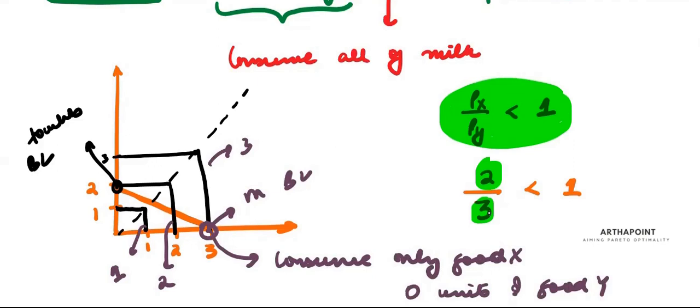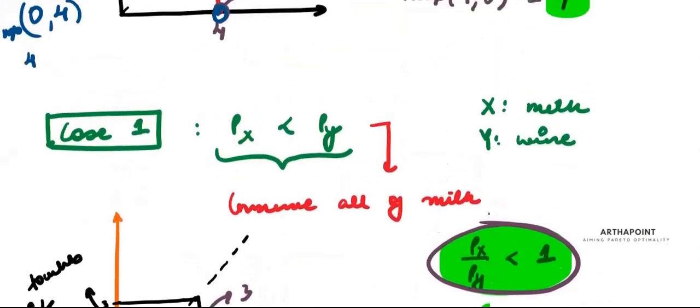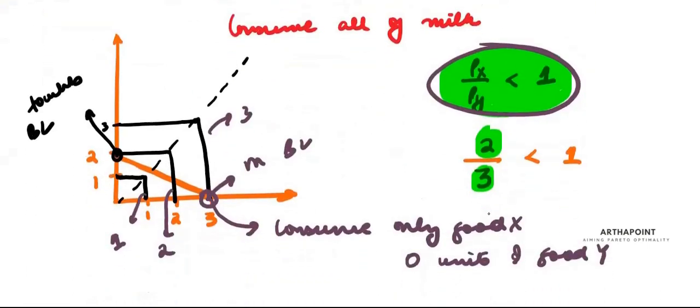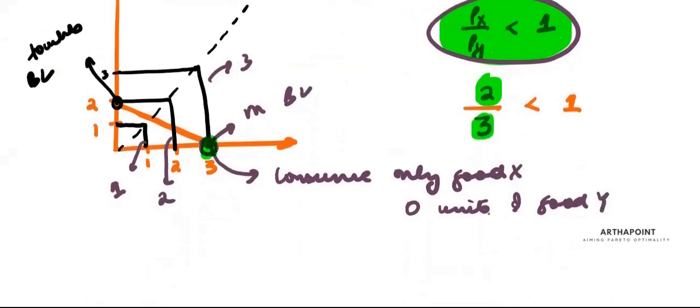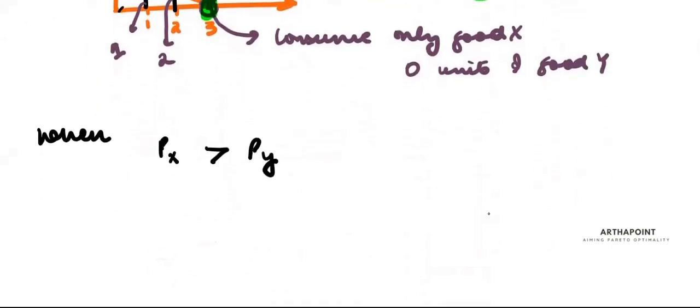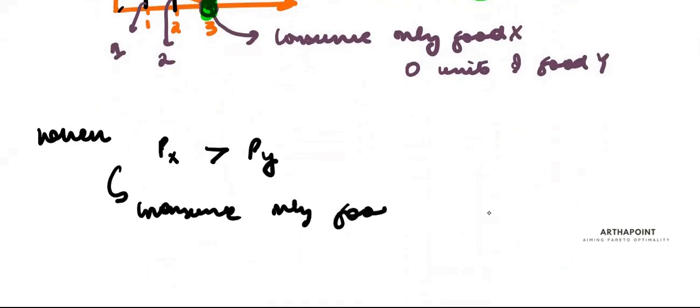So when Px by Py is less than 1, or good X is cheaper than good Y, I get my equilibrium where I consume only good X and 0 units of good Y. Now take the reverse. When Px is greater than Py, then good Y is cheaper. So you consume only good Y.